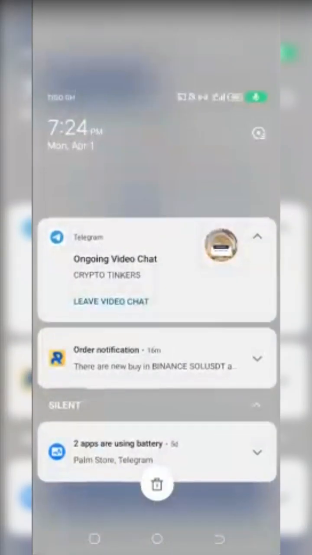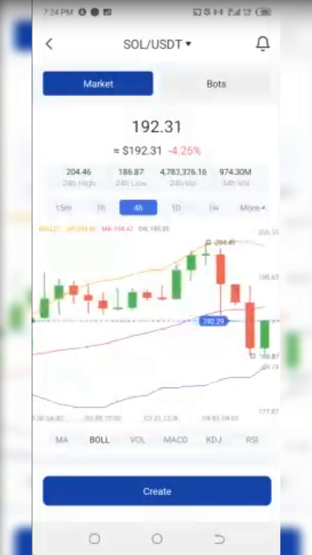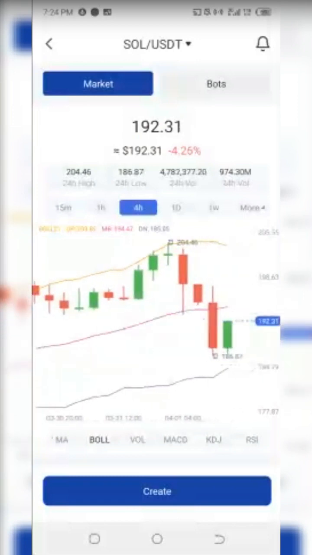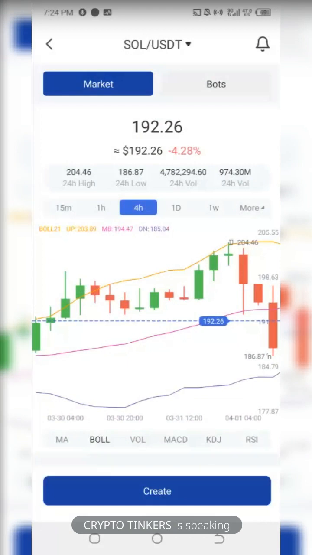Okay. So, I'm coming in. So look at this candlestick. This chopping candlestick, these small ones.